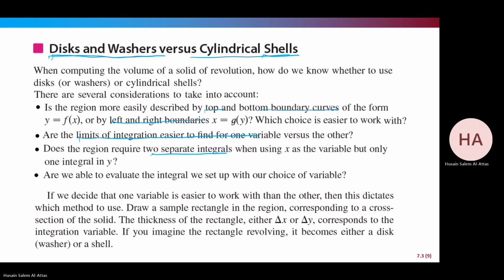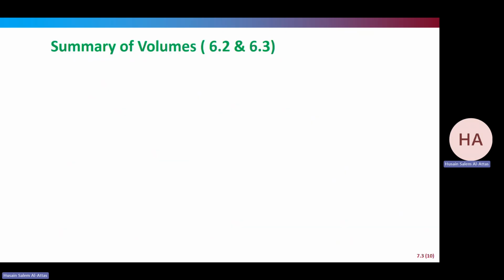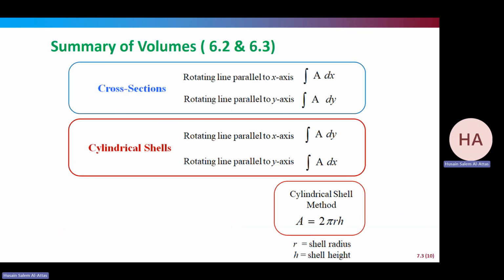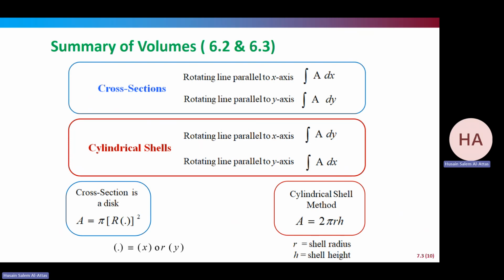Okay. Draw a rectangle and do all of these things. So the summary for all of these problems, I have in 7.2 and 7.3. The cross sections, this is the rotating line parallel to the x-axis. I have things in x.